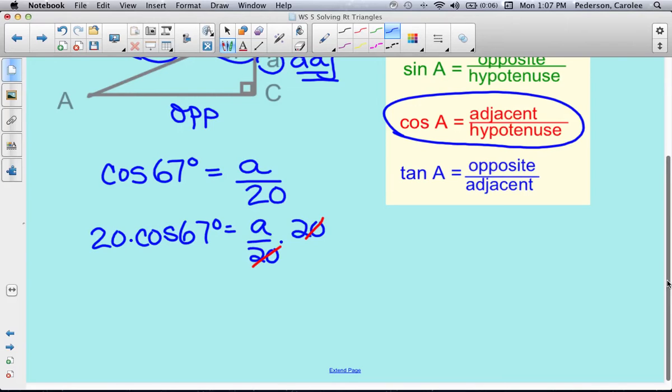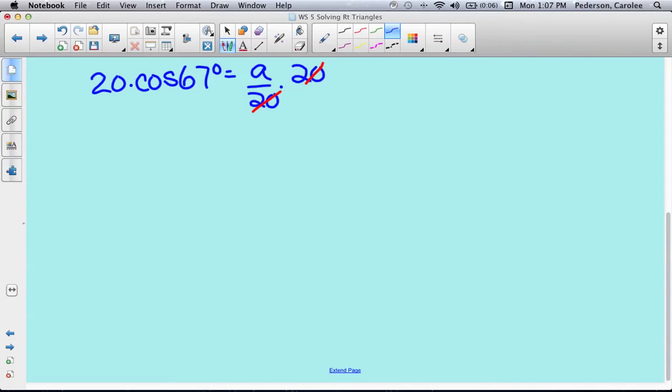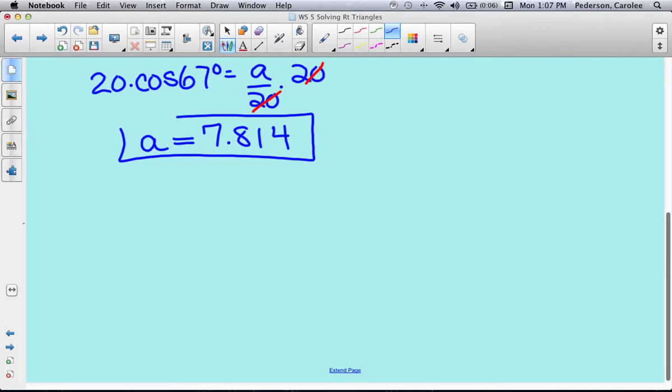So put 67 in your calculator, and you get 0.39073. Then multiply it by 20, and you get A to equal 7.814. That's how long that side of the triangle is.